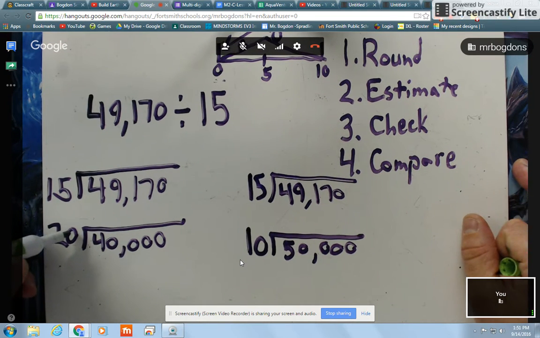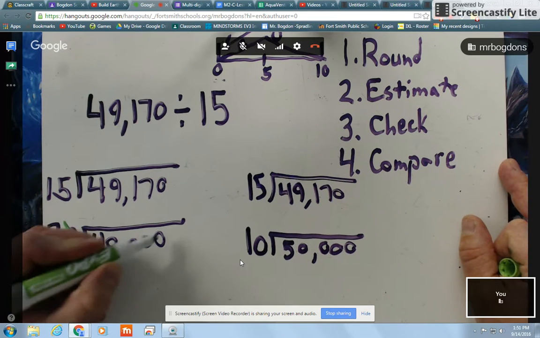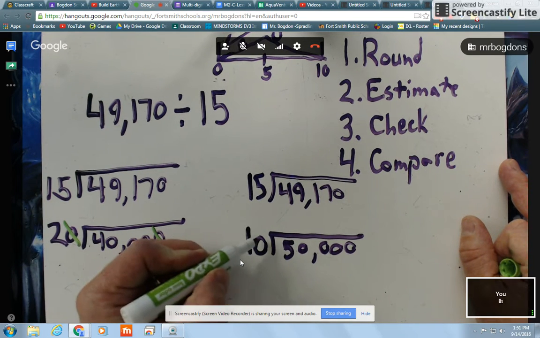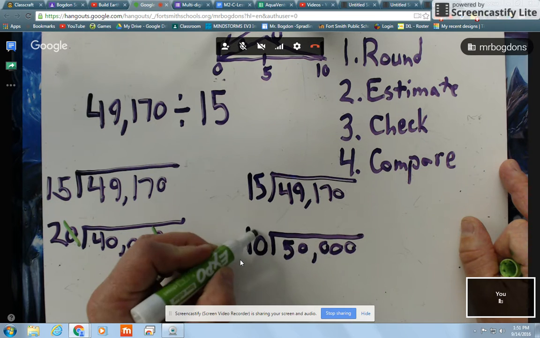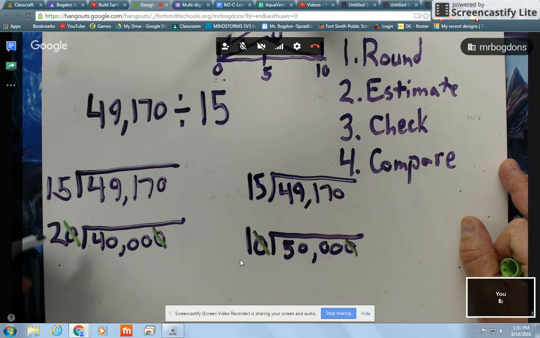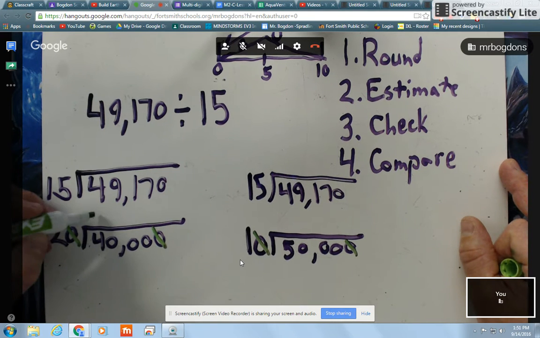Now, I see a 0. I see a 0. What can I do? I see a 0. I see a 0. Okay. Are we good? We understand the whole just count zeros? Okay, how many times will 2 go into 4? And how many zeros do I have?